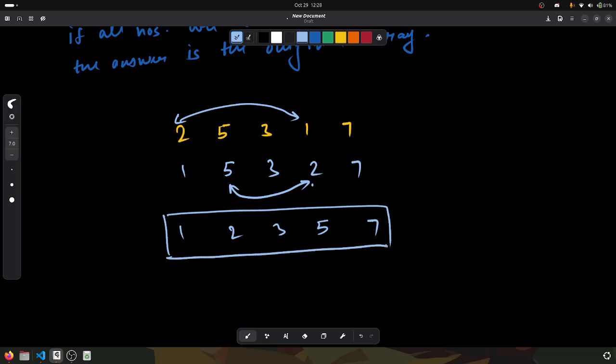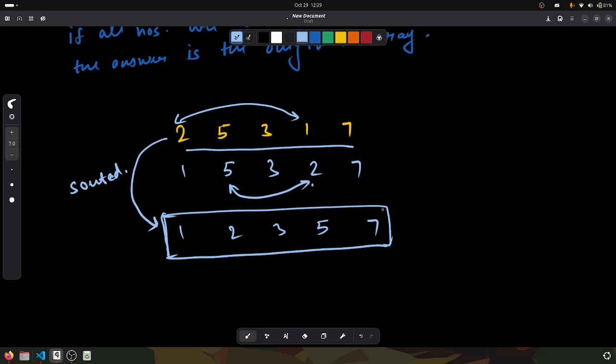And I'm not trying to further improve this answer because we see that this array is the sorted version of this array. 1, 2, 3, 5, 7 is the sorted version of 2, 5, 3, 1, 7. So obviously sorted is the lexicographically smallest array possible. We cannot make this array further smaller lexicographically, since sorted means all the smaller elements are in the beginning.